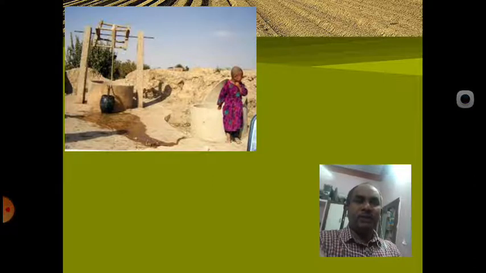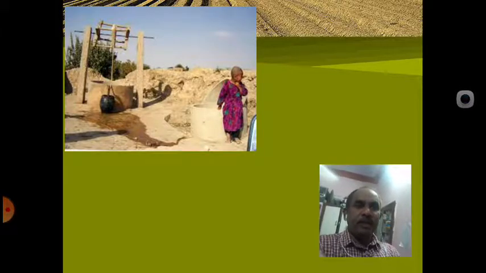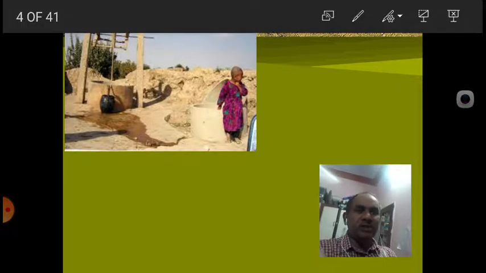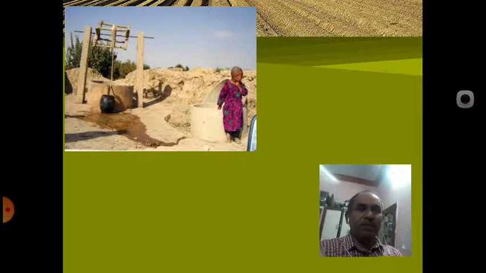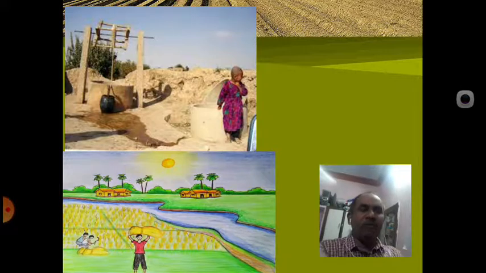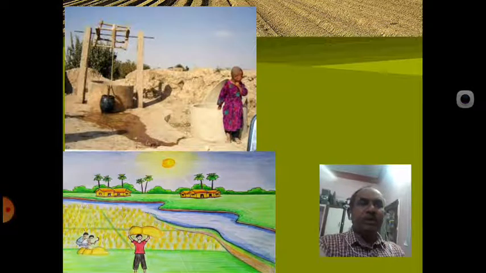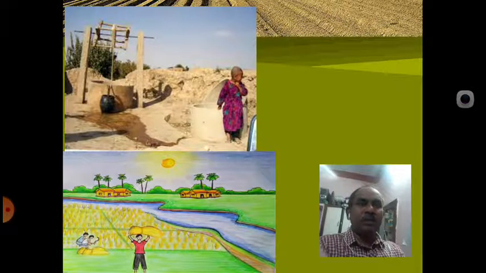In that condition they used different types of buckets to take the water from the well. At the same time, for agriculture purposes, people generally used runoff river water during the rainy season. This water is used for agriculture purposes.